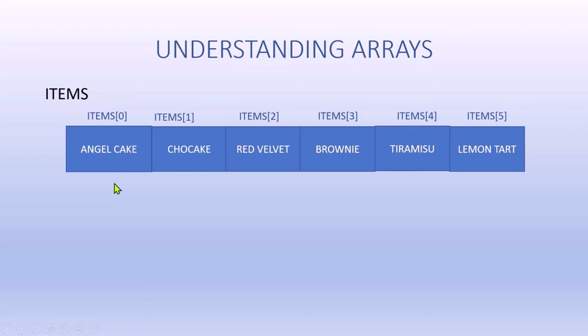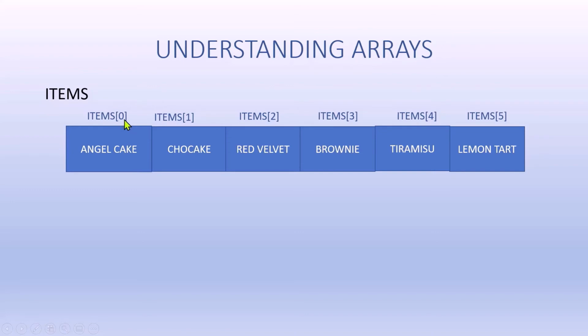One important thing to note here is that although we have 6 elements, the last element has a position 5, right? And that's because the first element has the position 0, and that's true for all arrays. Okay, every array has the first element at position 0.